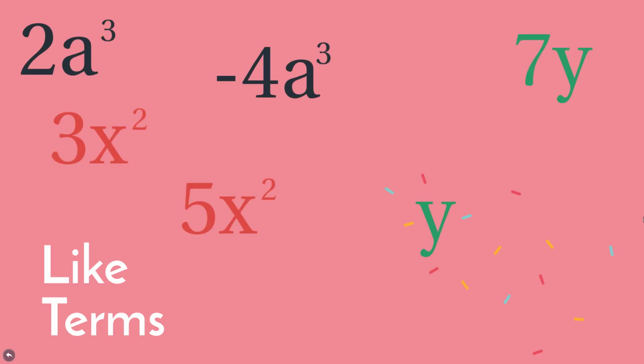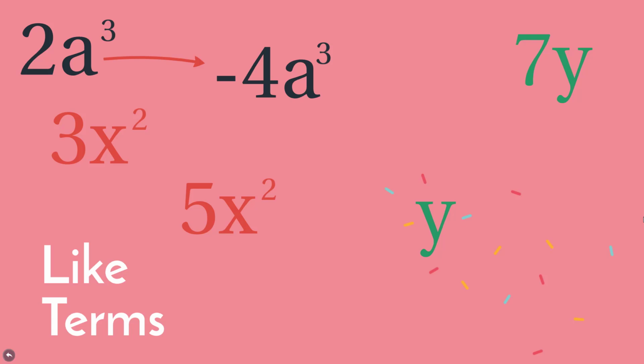Like terms are terms that contain the same variables raised to the same power. From all of these terms, can you see terms that have the same variables raised to the same power? Here, 2a cubed and minus 4a cubed are what we call like terms, because they have the same variables raised to the same power.